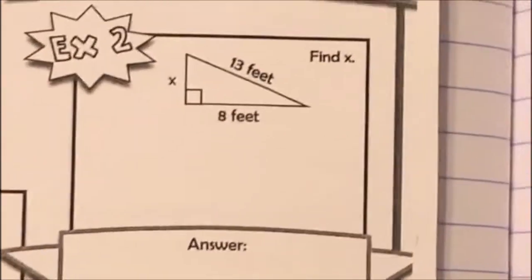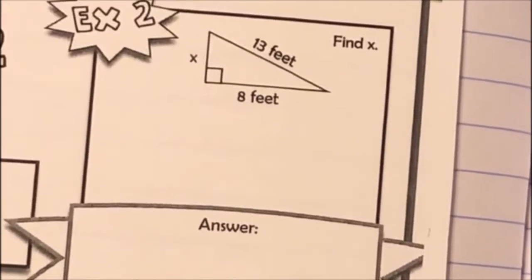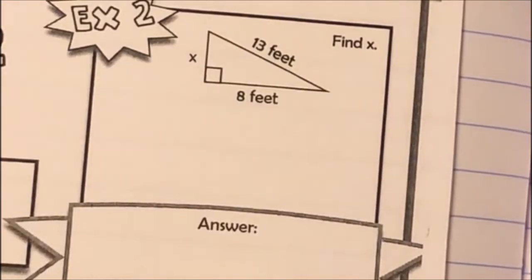Okay, I want you to go ahead and look at example 2. So the first thing I want you to look at is they've given us a triangle and they want us to find x. So, are you missing a leg or a hypotenuse? In this case, you're missing a leg.